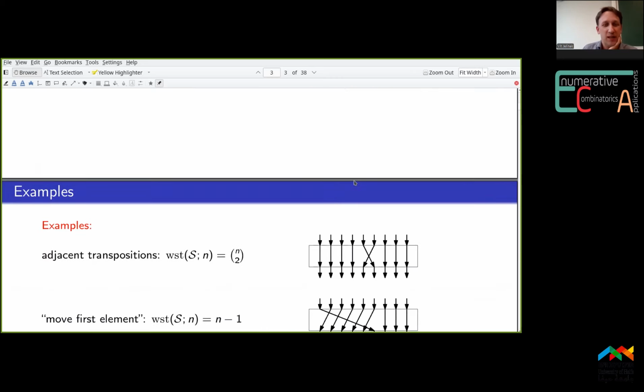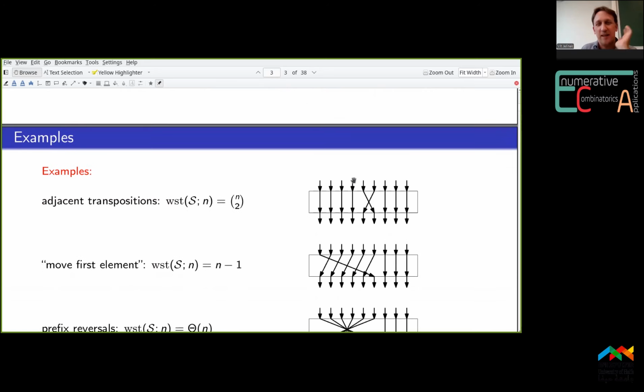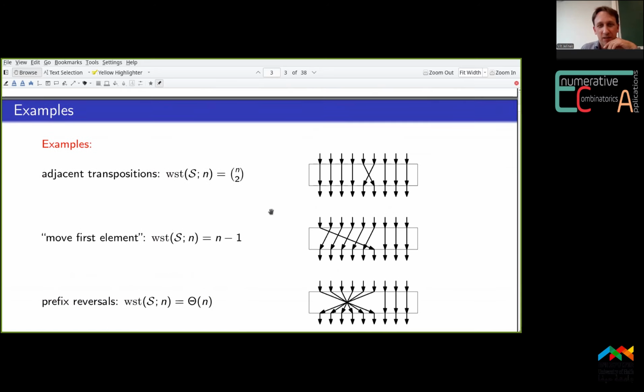Let me go through some examples so that at least the definitions are clear. Perhaps the simplest set of operations that you can imagine are the adjacent transpositions, where you can just switch the ordering of two adjacent elements.